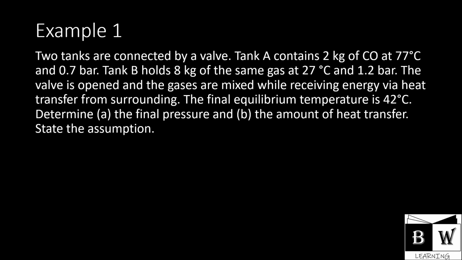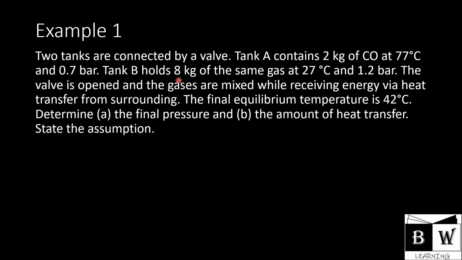So let's work on an example. If you want to work on this example yourself, you may pause the video. Okay, so this example consists of two tanks connected by a valve, where tank A has 2 kg of carbon monoxide at 77 degrees Celsius and 0.7 bar.